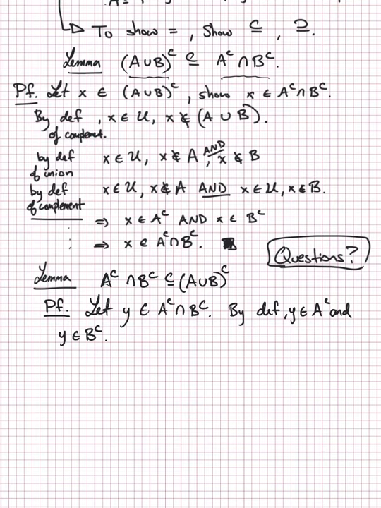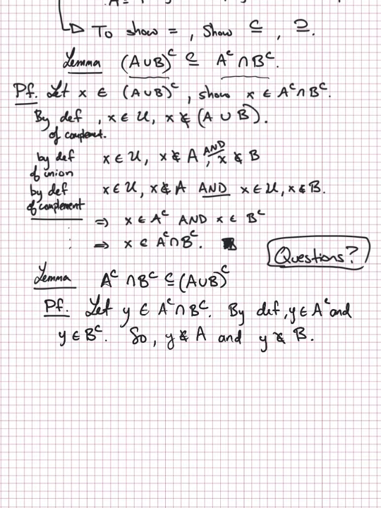What this means is that y is not in A and y is not in B. Maybe I should say the reason I chose y is just to make it different from x. It doesn't really matter, but I already declared x to be in the set A union B complement, so I chose a different letter. Doesn't matter.